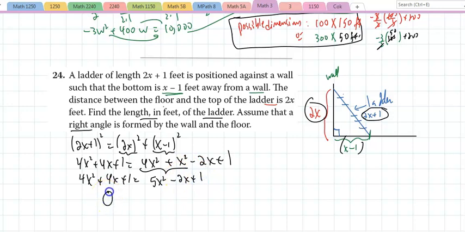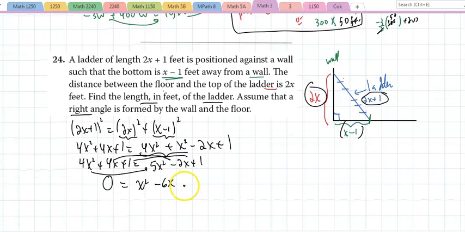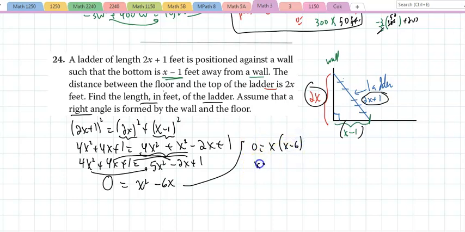If I get 0 on this side and everything else on the other side, subtract 4x squared from both sides, subtract 4x from both sides, and subtract the 1 from both sides, that cancels out. And you notice that that becomes a quadratic. So either x equals 0 or x minus 6 equals 0. That means x equals 6.